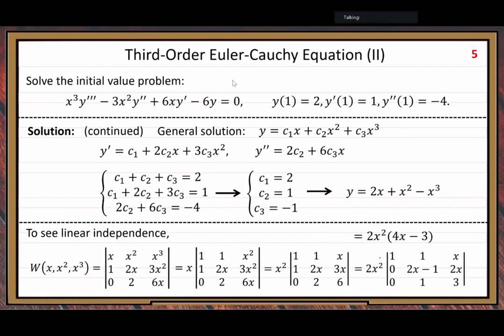All right. So that's some review. So here we rewrite. In this case, x cannot be 0, right?